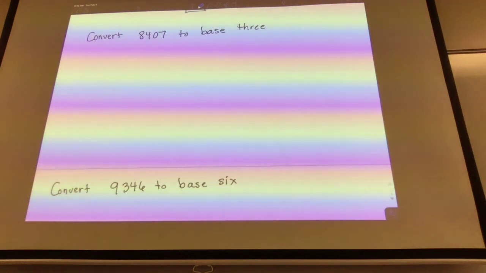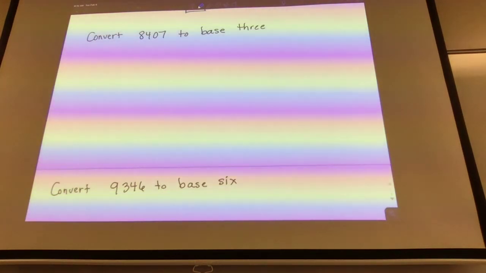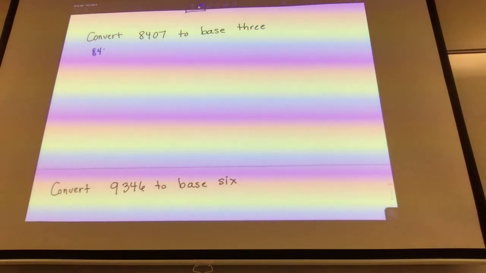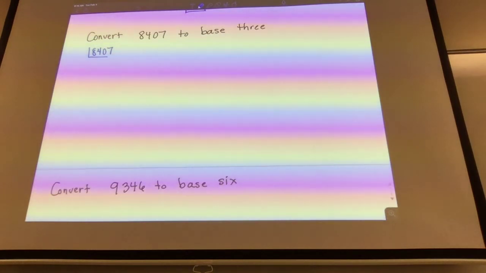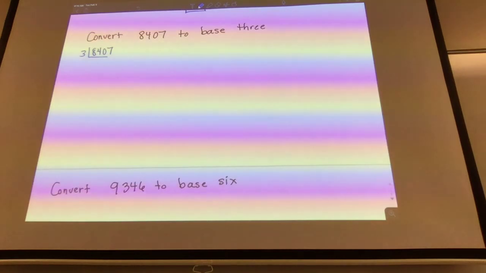Okay, so if you're going to go from 8,407 to base 3, we have to come over here to the side and do some work. 8,407, you leave yourself some room. And we're going to divide that by, what do you think? 3, right? 3, because we're trying to figure out base 3. So let's come over here to the side.